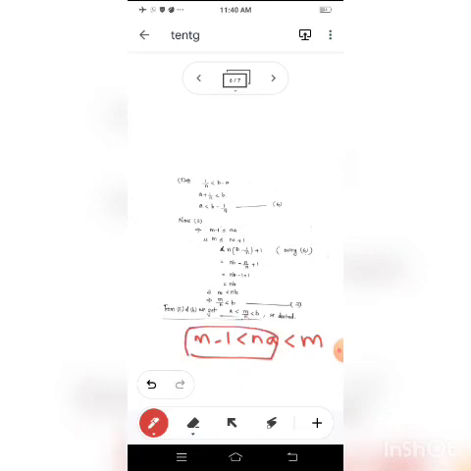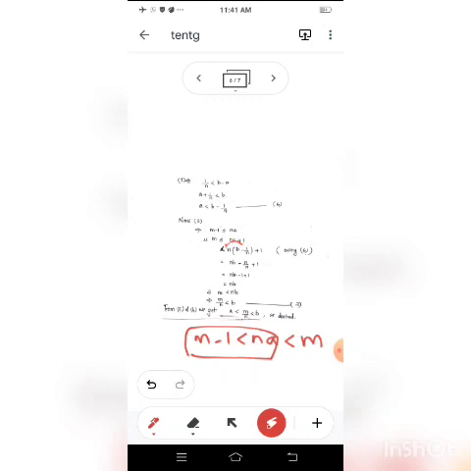So we can write m less than na plus 1, which is less than n into, substituting a less than b minus 1 by n here, n into b minus 1 by n, plus 1.